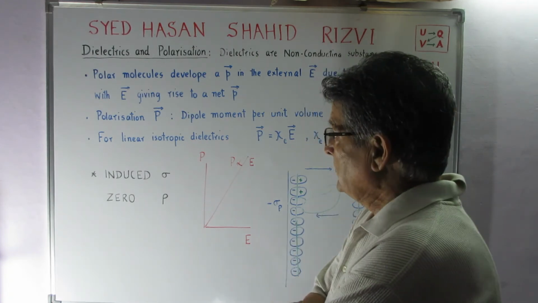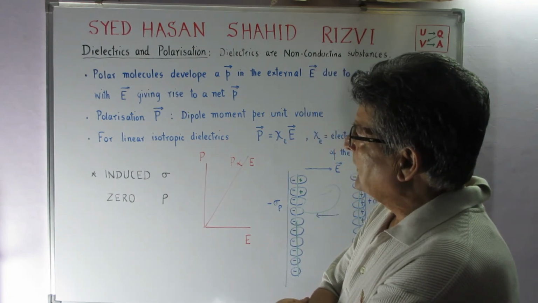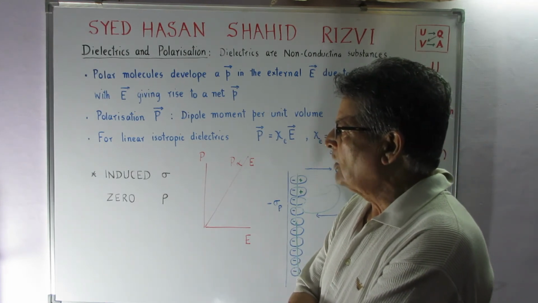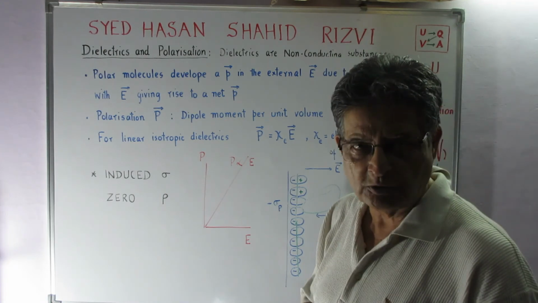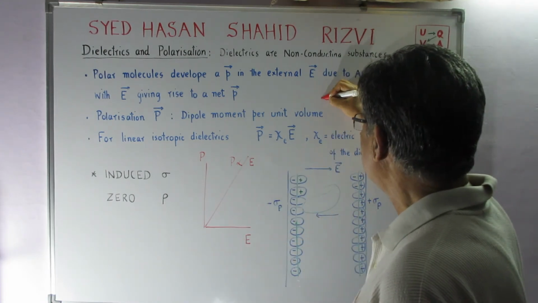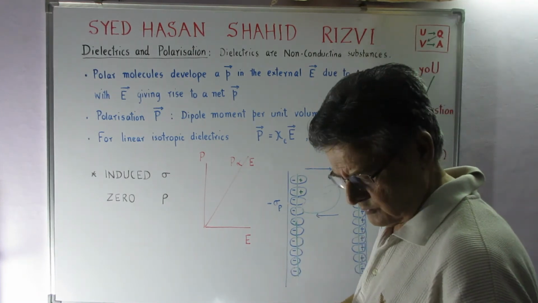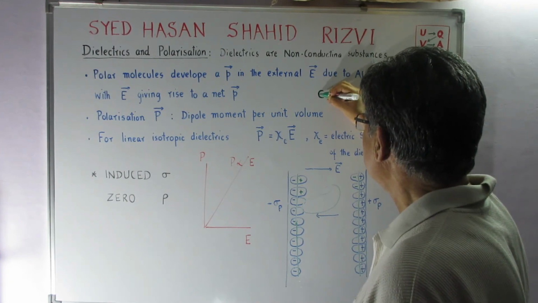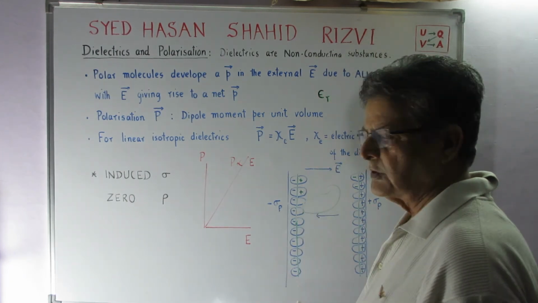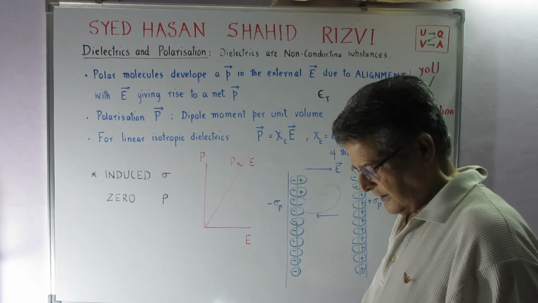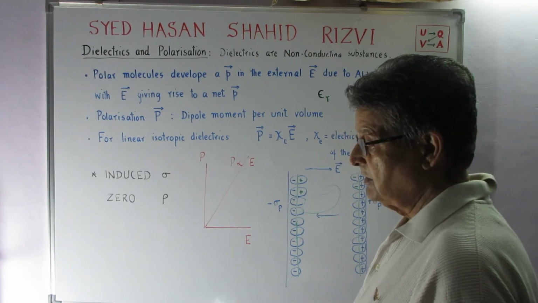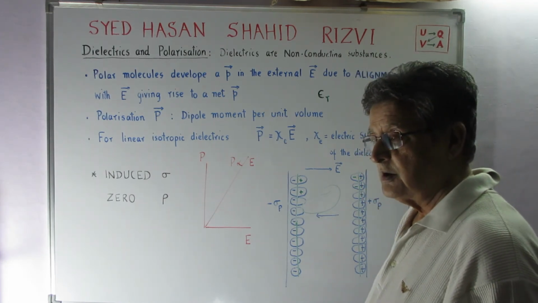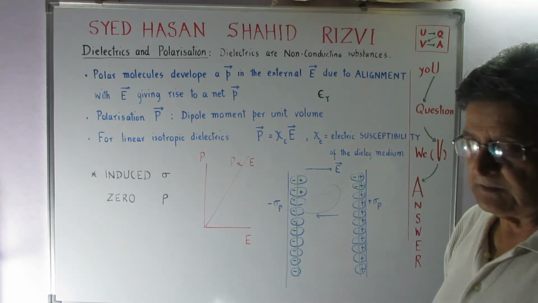Okay. In the dielectrics, there is something we'll talk about, epsilon r. Epsilon r is the relative permittivity, a number which is called relative. Epsilon is permittivity.